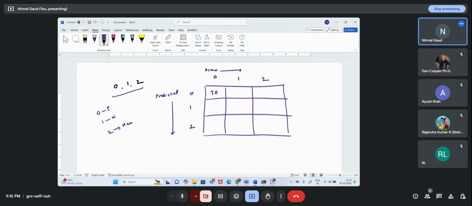Actual is 1, predicted 0. So this is false 0, but false 0 in context to 1. Now, as I told, it's not mandatory.